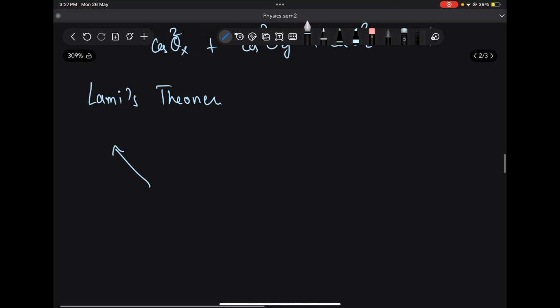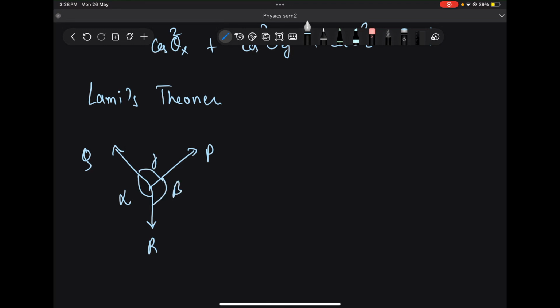Let's say we have 3 forces like this, P, Q and R. This is angle alpha, this is angle beta, and this is angle gamma. We can write P by sine alpha is equal to Q by sine beta is equal to R by sine gamma, and this is basically what Lami's theorem says.